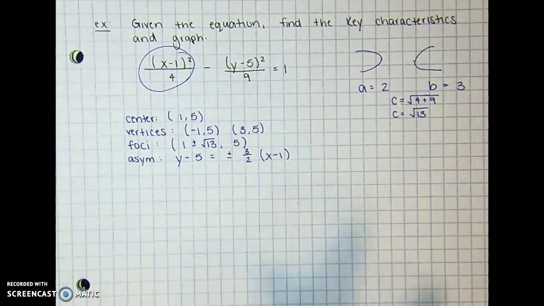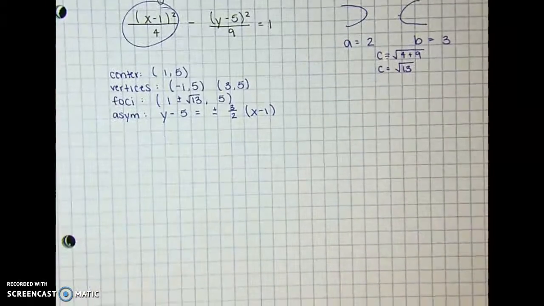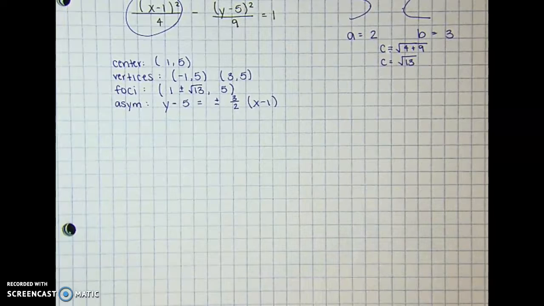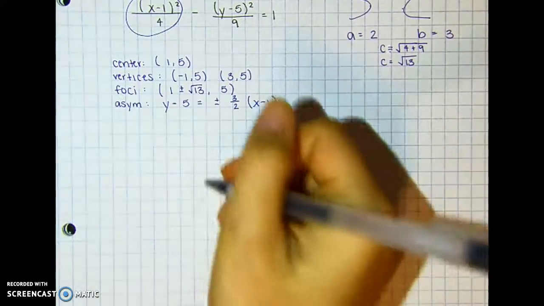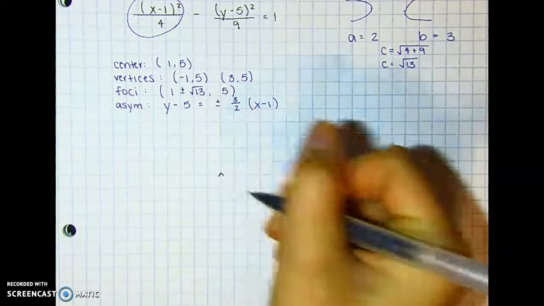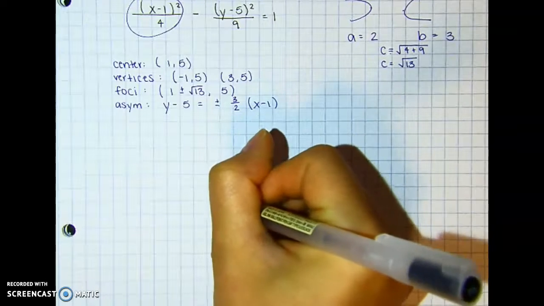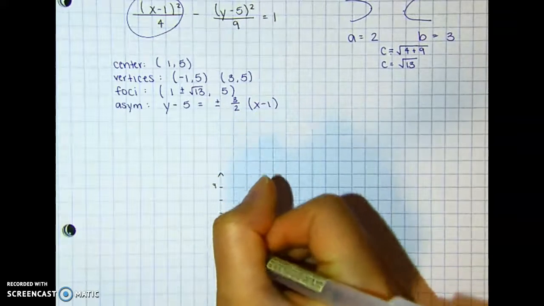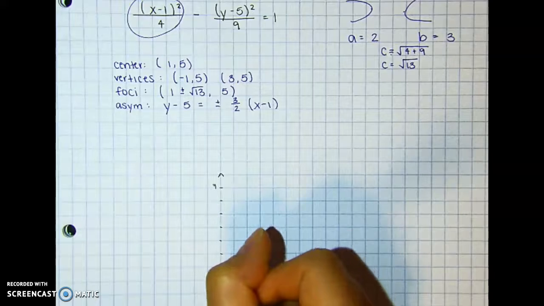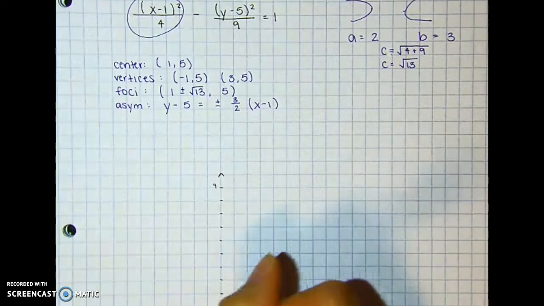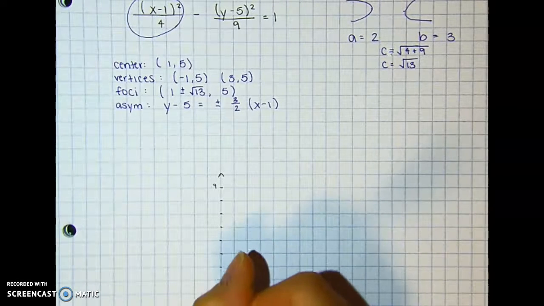It's just like slope that you learn in Algebra 1. Okay, I'm going to skip transverse axis and conjugate axis for a moment, and let's just jump to the graph, and then I want to use the graph to help go over those. So for my coordinate plane, I'm going to go up to 9. 8, 7, 6, 5, 4, 3, 2, 1, 0. And then we don't really need much, so I'm just going to go to negative 1.